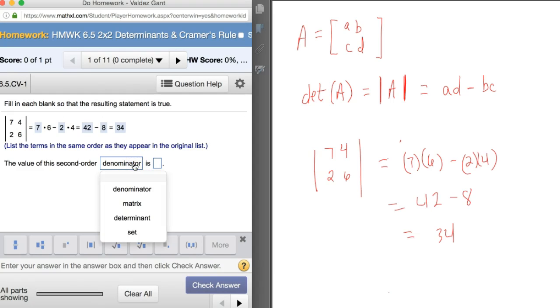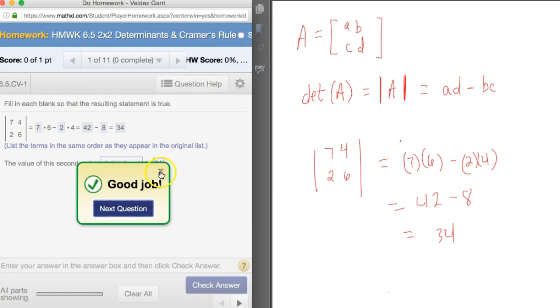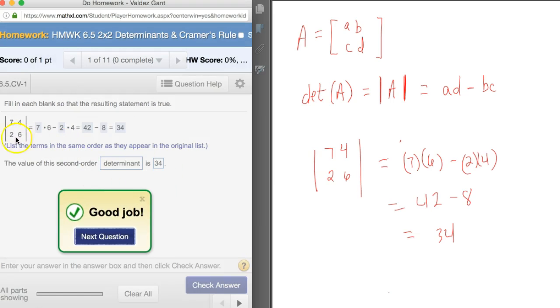All right, so for the second part here, it says that the value of this second order determinant is going to be 34. Of course, we took the determinant, so that's why we put second order determinant, and its value or its size is 34.